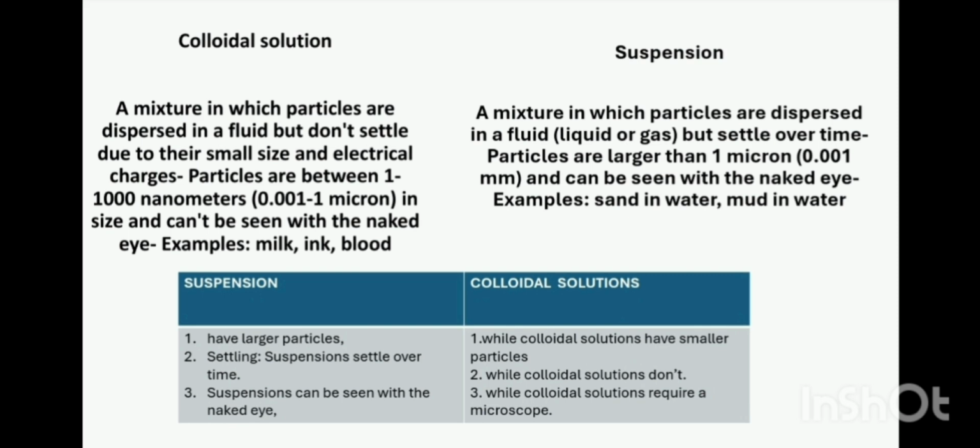But in colloidal solution, they have smaller size particles. The solution cannot settle down, and they require a microscope to see the particles. So these are the key points on colloidal solution and suspension. Hope you like these key points.